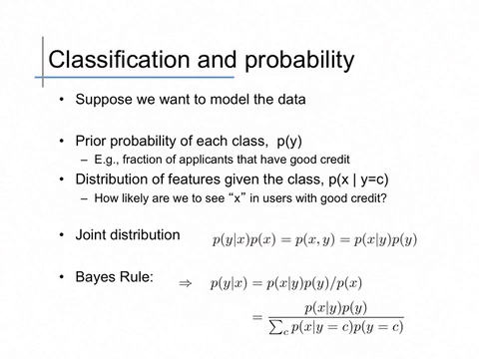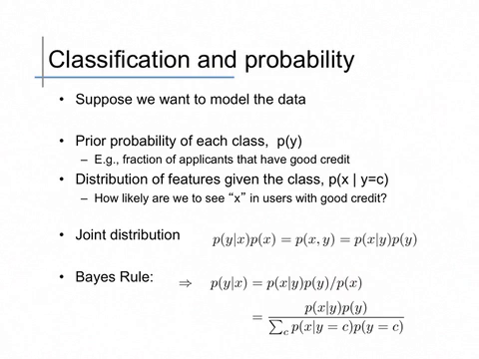So the probability of our class given our observation can be expressed as the probability of the observation given the class times the probability overall of each class outcome divided by the probability of that measurement. And P of X, it's often convenient to expand using the law of total probability.